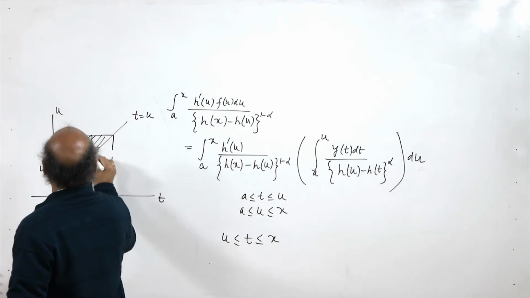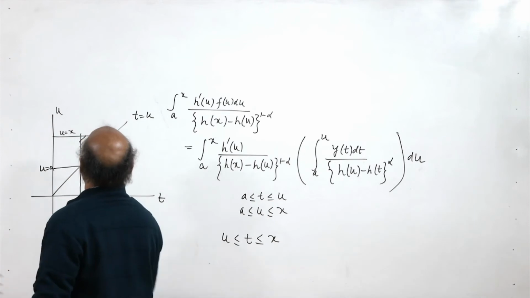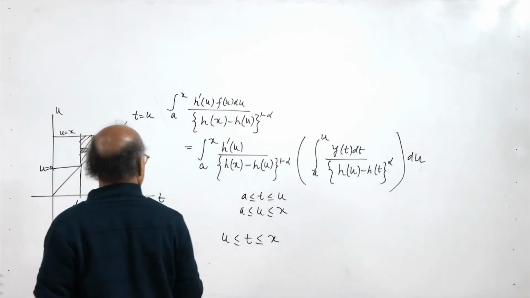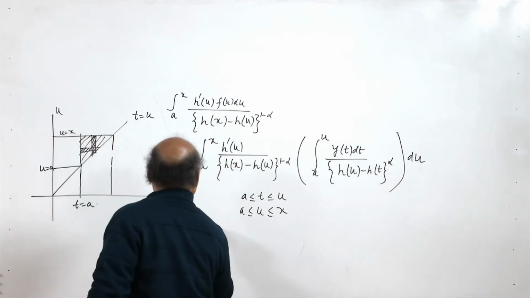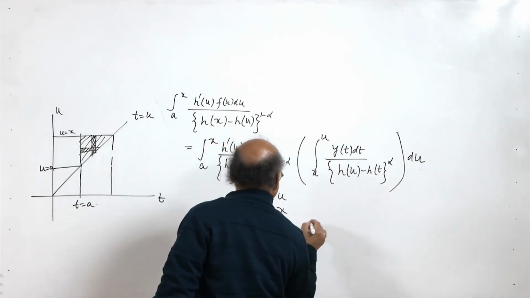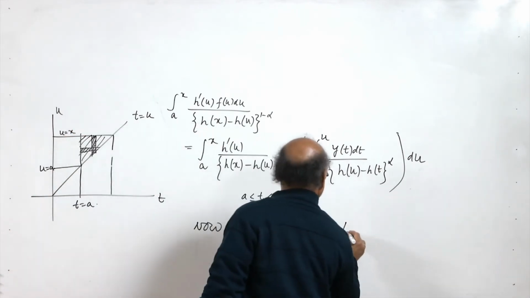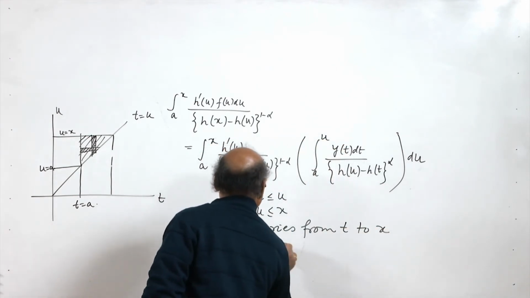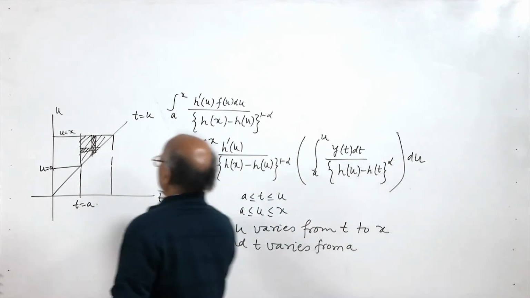Now let us take a vertical strip here. When I take a vertical strip, then for the vertical strip u will vary from t to u equal to x, and t varies from a to x, because t is a here.